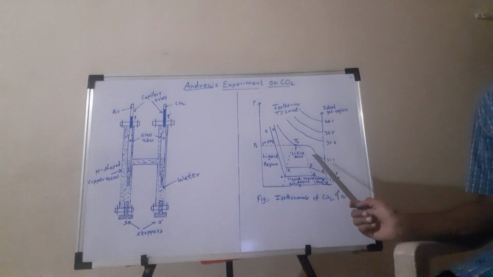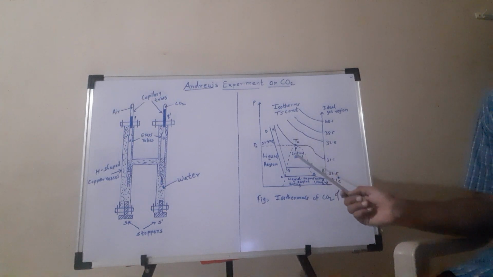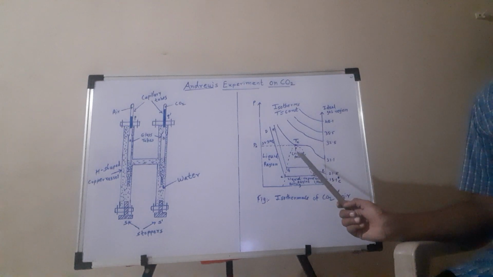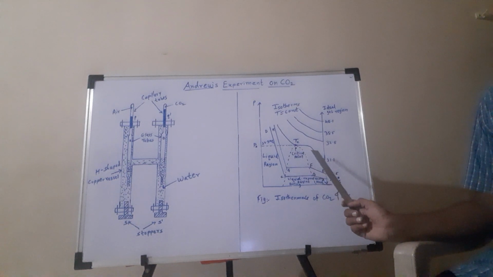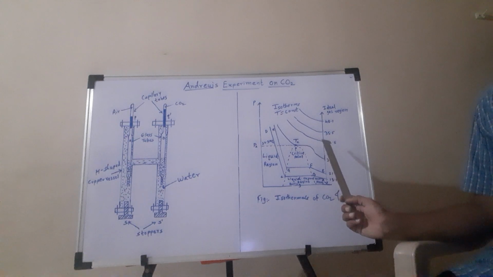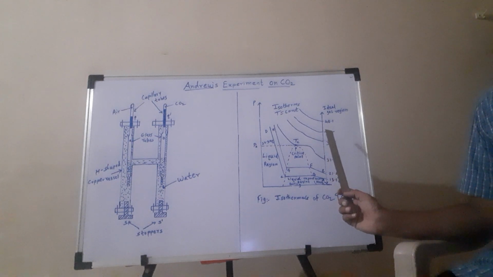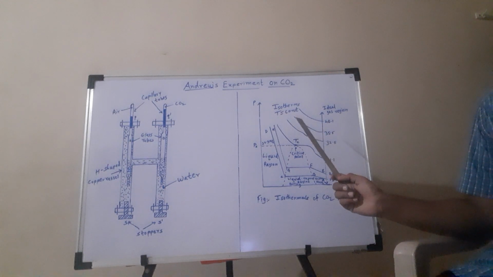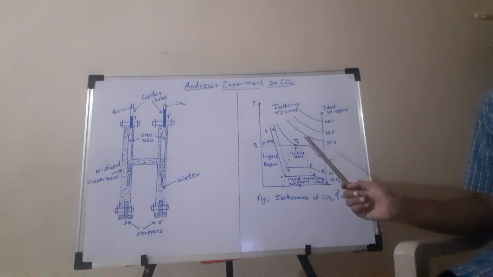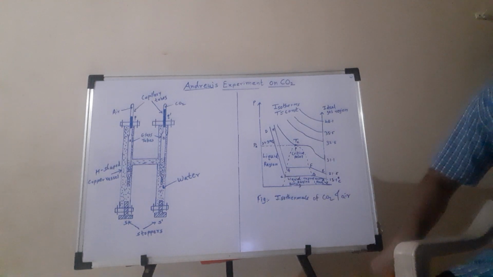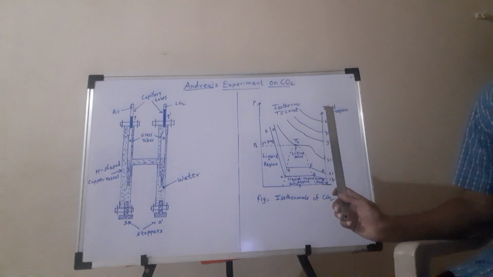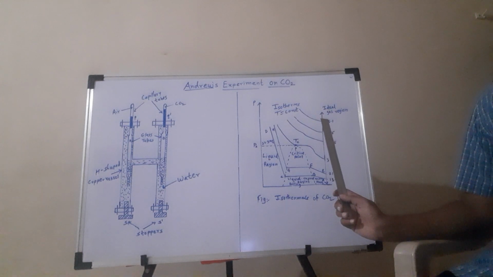This is called the critical isothermal for CO2. Above this temperature, at 35.5 and 48.1 degrees Celsius, the horizontal portion does not appear at all, and the gas obeys Boyle's law from one end to the other.